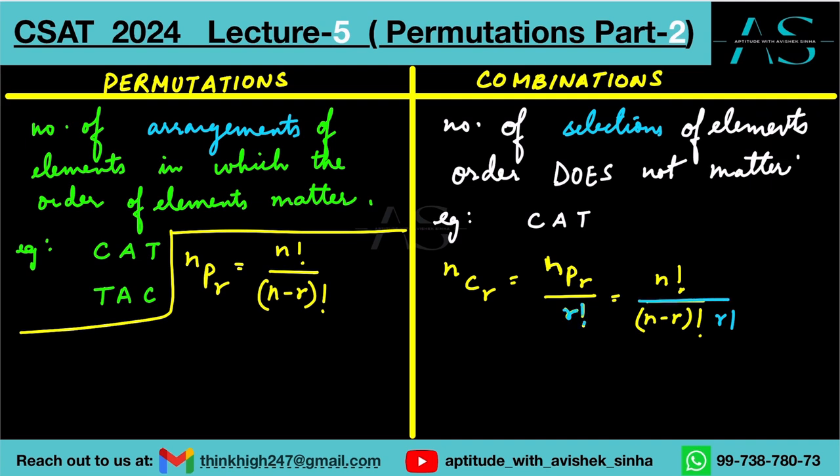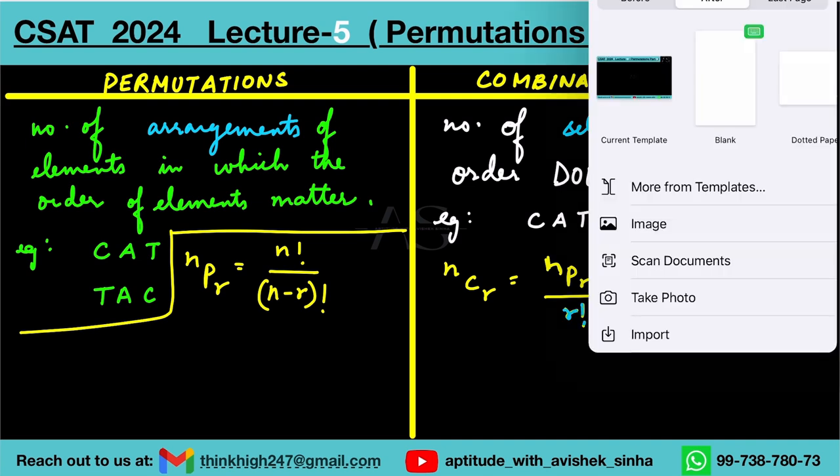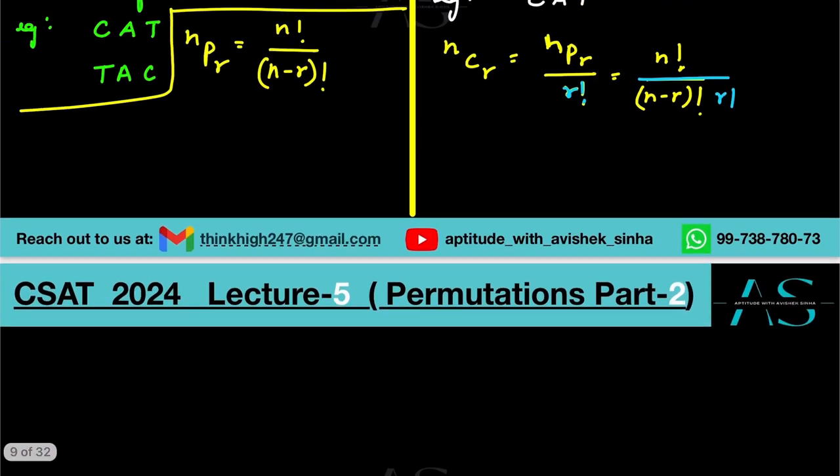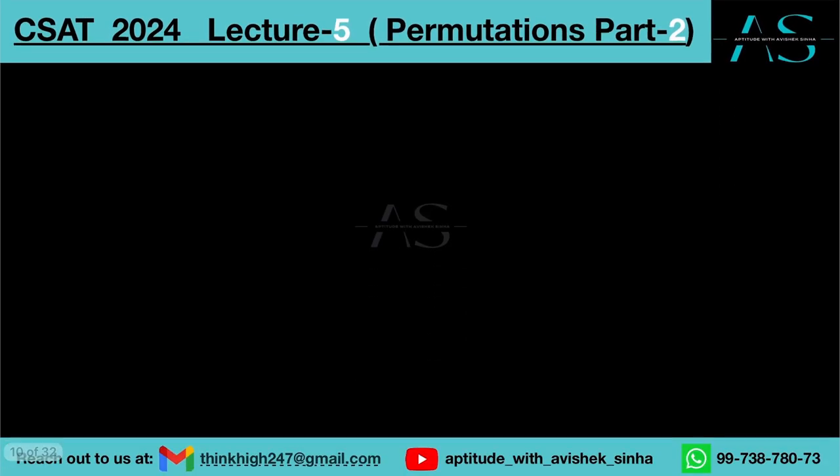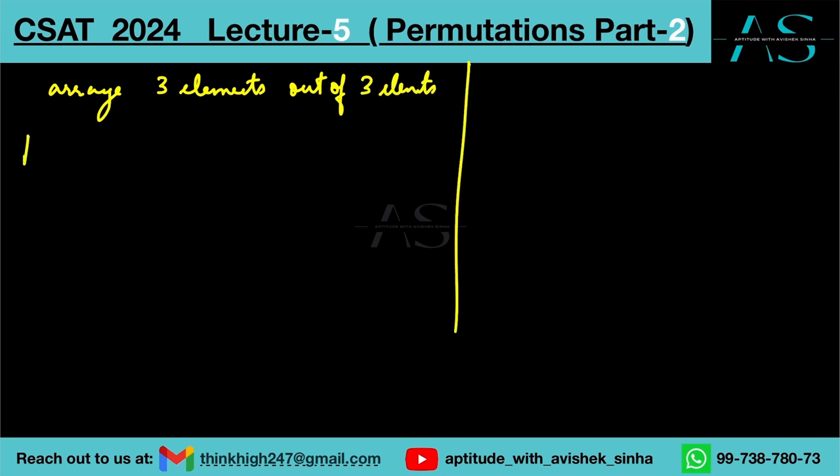Okay. So if we talk about a particular word, let's say we have, how many different ways can you arrange three elements out of three elements? Arrangement. So we are talking about permutation.